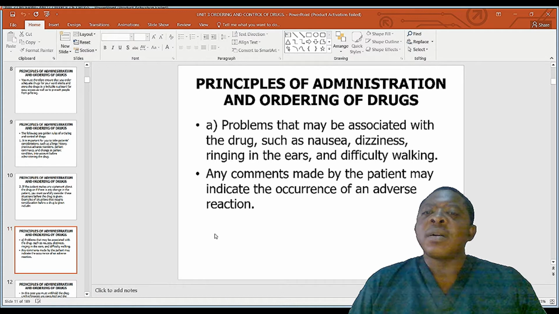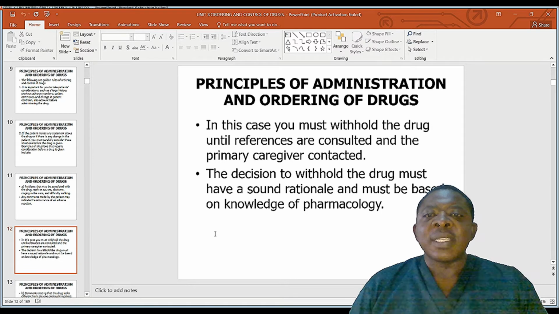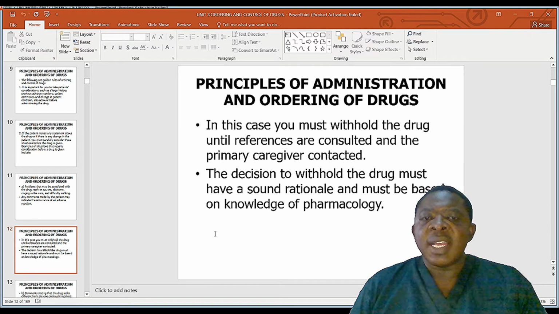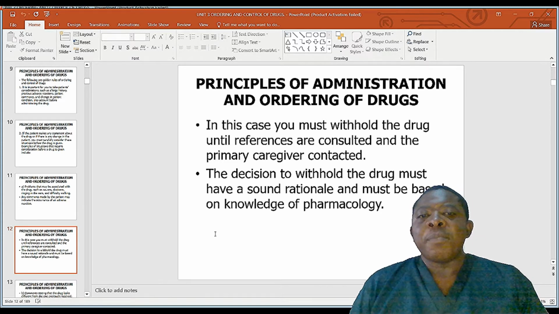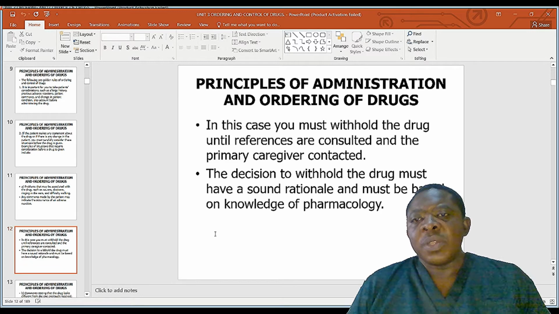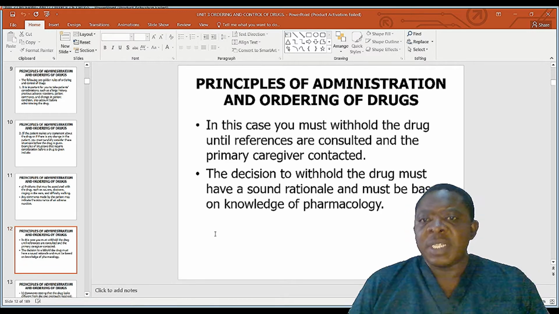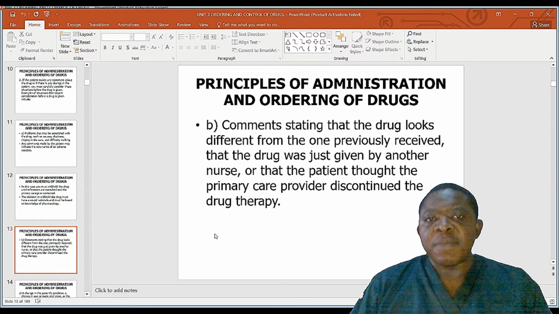Or any comment made by the patient may indicate the occurrence of an adverse reaction. So in this case, you must withhold the drug until references are consulted and the primary caregiver is contacted. The decision to withhold the drug must have a sound rationale and must be based on the knowledge of pharmacology.